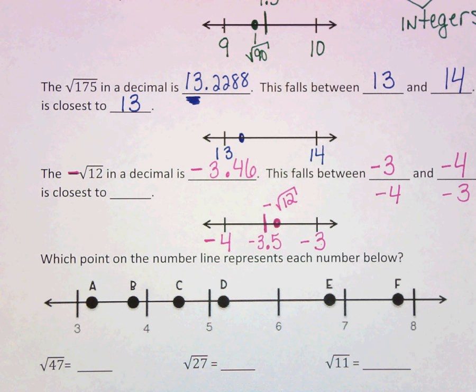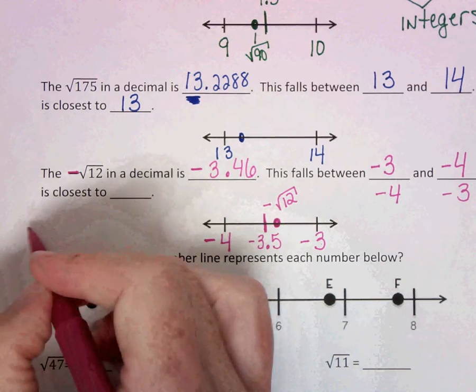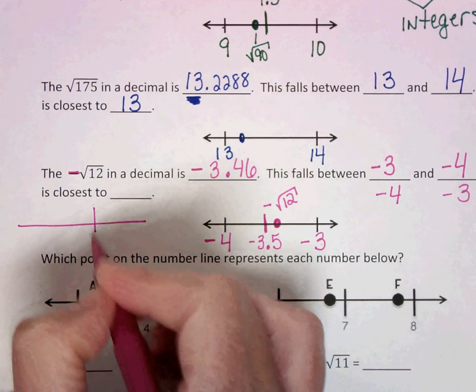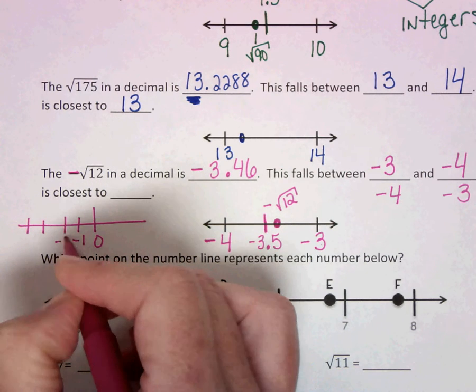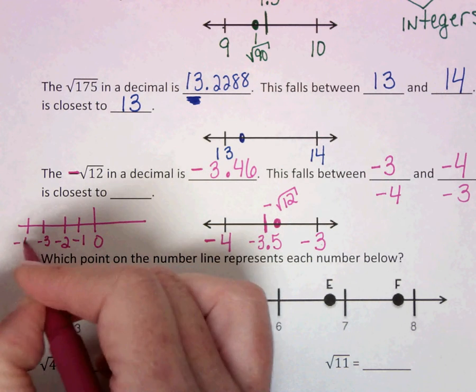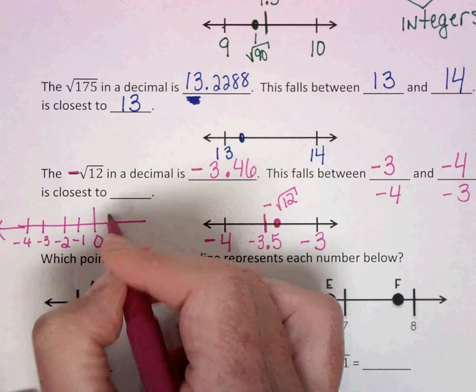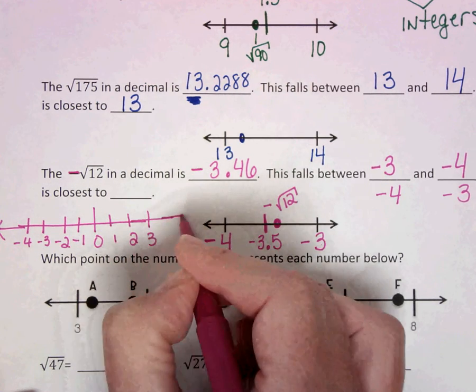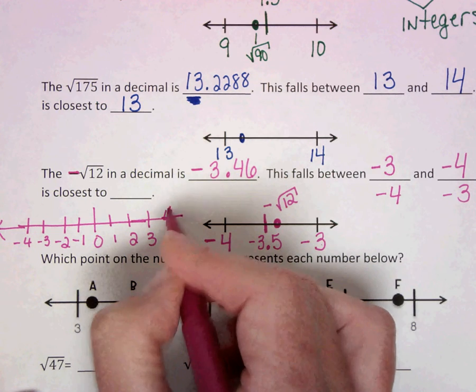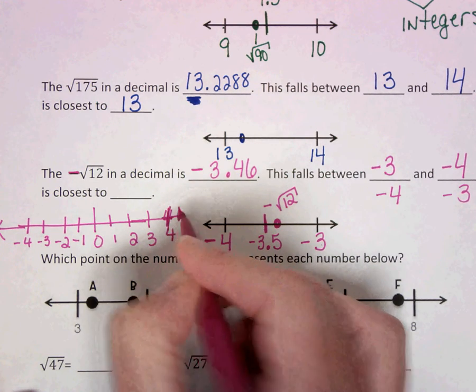We've got to really imagine that number line. So I'm just going to put a couple of numbers here for you to think about. Remember, this is what our negative number line looks like. And then here are our positives. Whoops. Just something to think about.